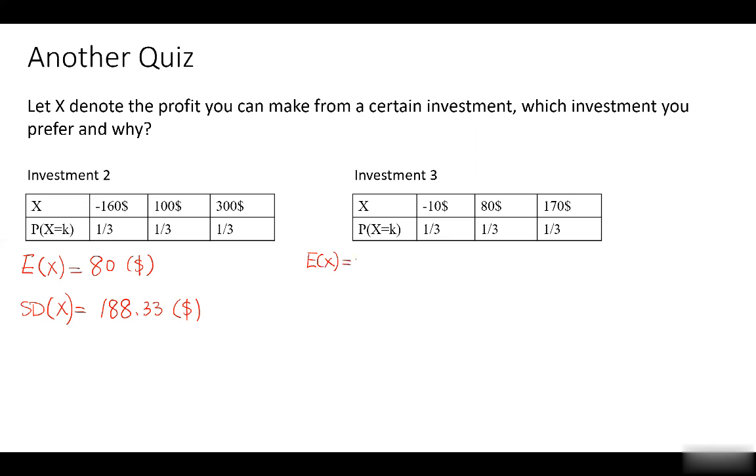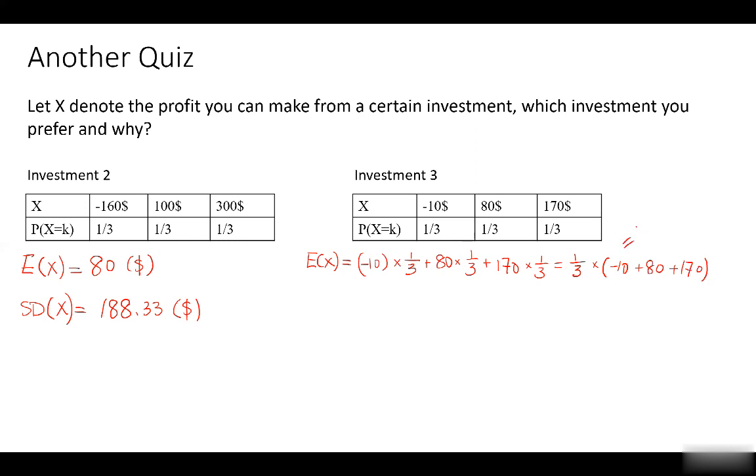According to the definition, EX is the sum of all possible values times their corresponding probabilities. So this is minus 10 times 1/3 plus 80 times 1/3 plus 170 times 1/3, right? And we can put the common factor 1/3 in front, and what's left in the brackets are minus 10, 80, plus 170, right?